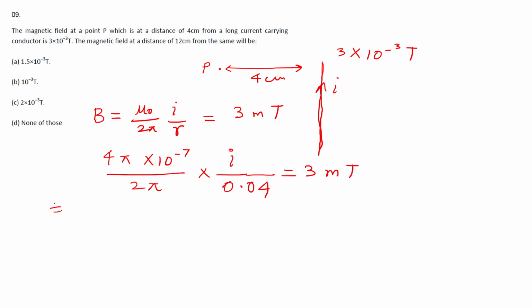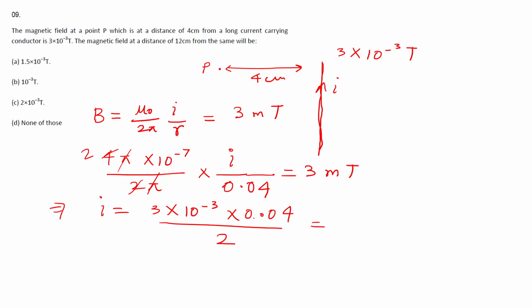When we solve this, I will become 3 times 10 to the power minus 3 multiplied by 0.04 divided by 2. When we calculate this, we'll get the value of I. Let me calculate this.